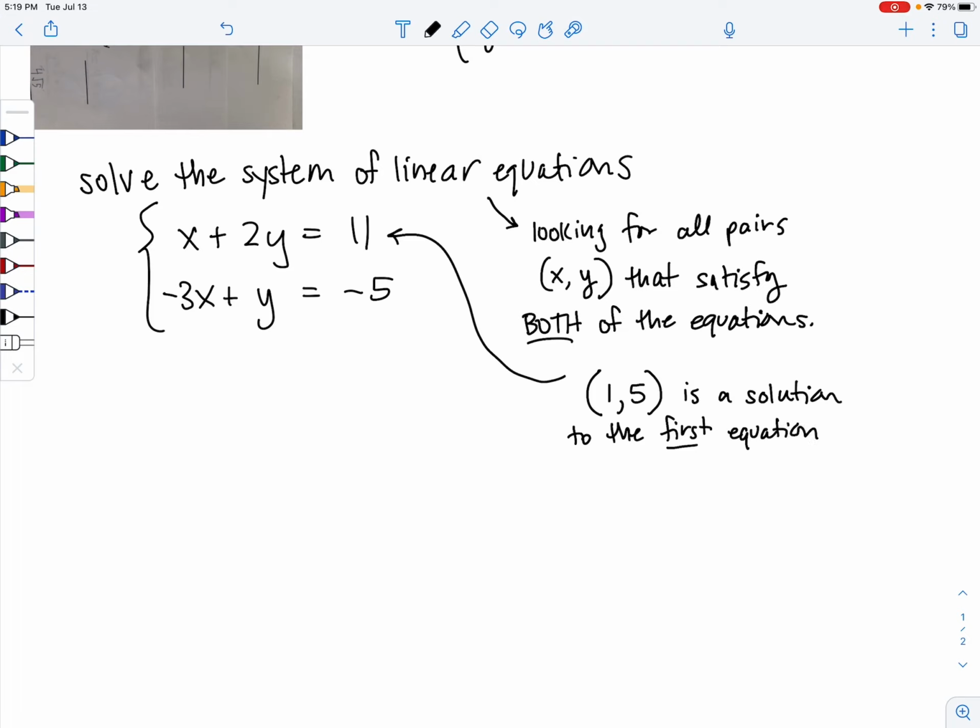And I just kind of randomly picked one and then figured out the y that would go with it to get me to 11, right? So that's a solution to the first equation because 1 plus 10 is 11. That's fine. But 1, 5 is not a solution to the second equation.